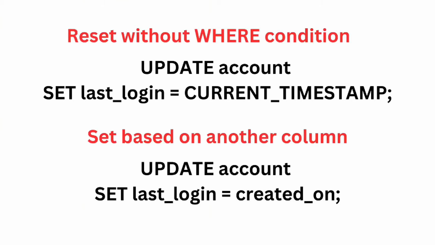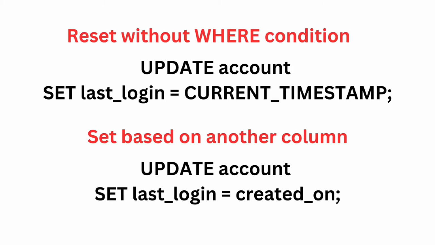So if I wanted to overwrite and update all the last login entries, I could just say update account, set last login equal to current timestamp. I could also set everything based off another column. So we also have the created on column. I could just say update account, set all the values in last login equal to created on.